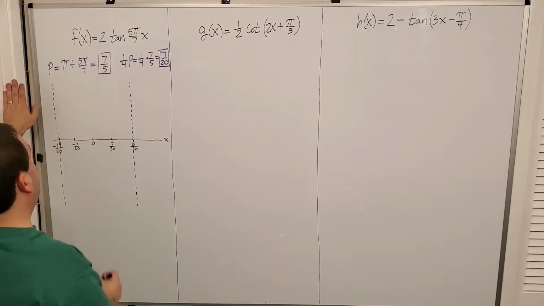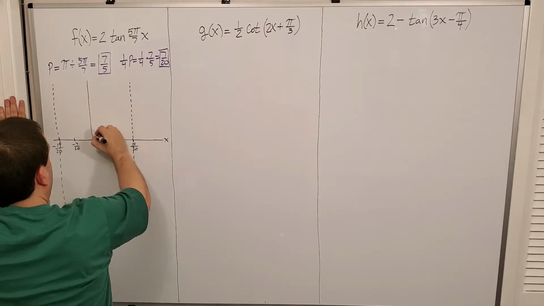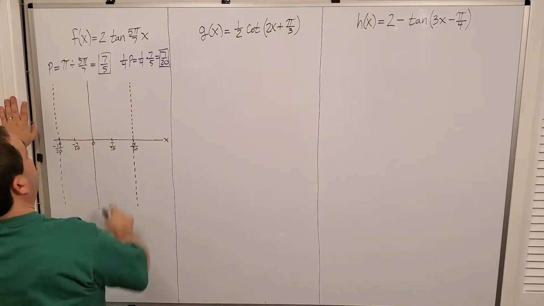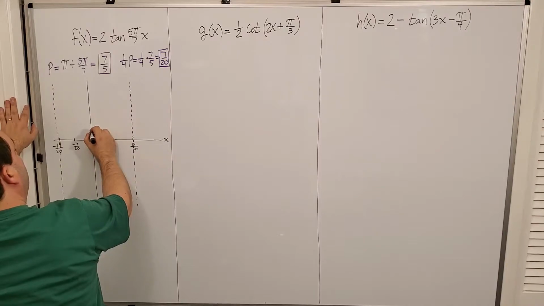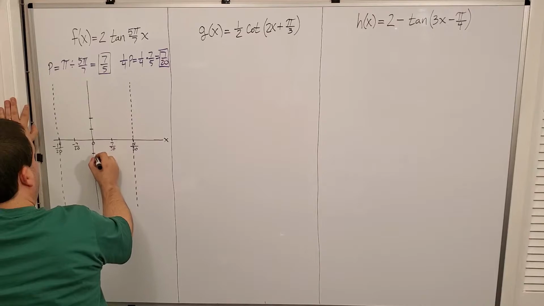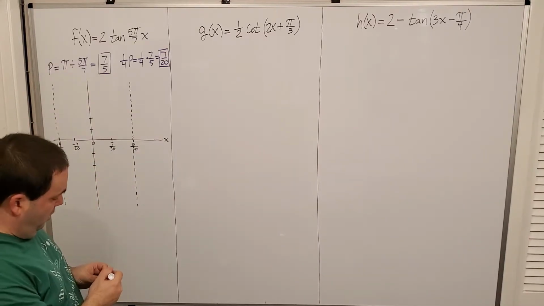Since this is 0, that's my y-axis. Right? And I have an amplitude of 2, so I'll go ahead and just label that. Okay, now remember the way tangent works is it goes through the center.